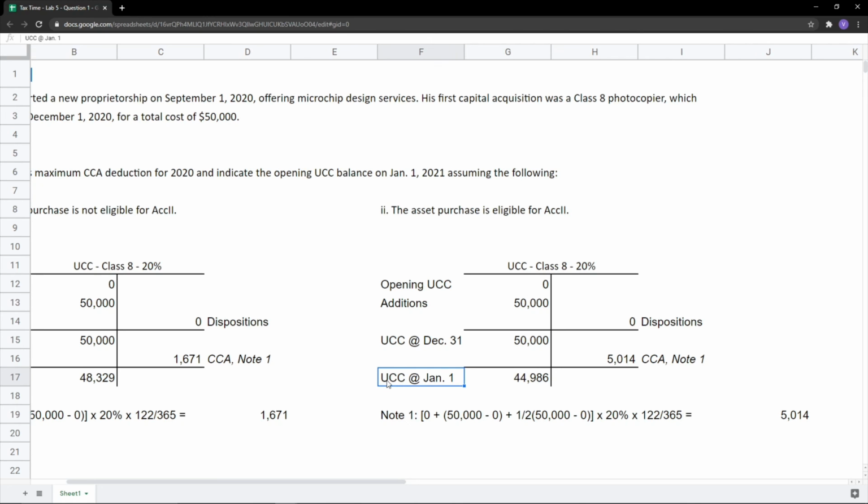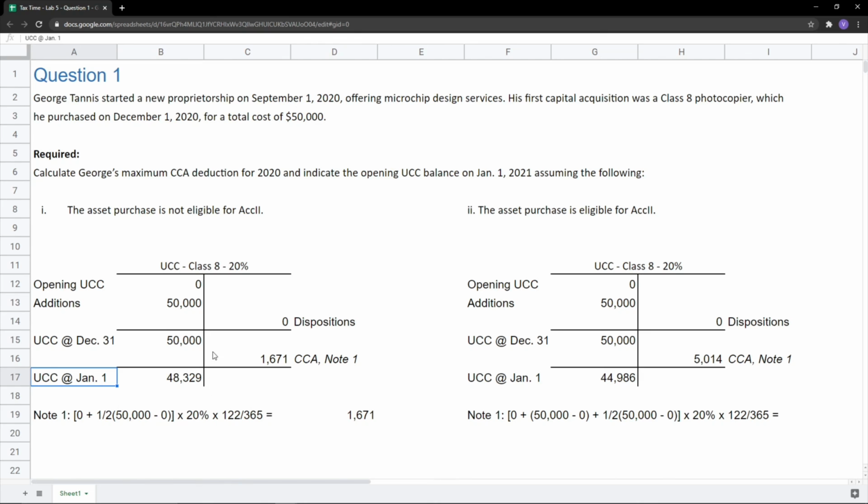Once again, I'll point out that the UCC on January 1st is different from the UCC on December 31st because in tax it is assumed that the capital cost allowance is subtracted at midnight or at the very, very end of the day, right? Which leads to a different opening balance the following year.